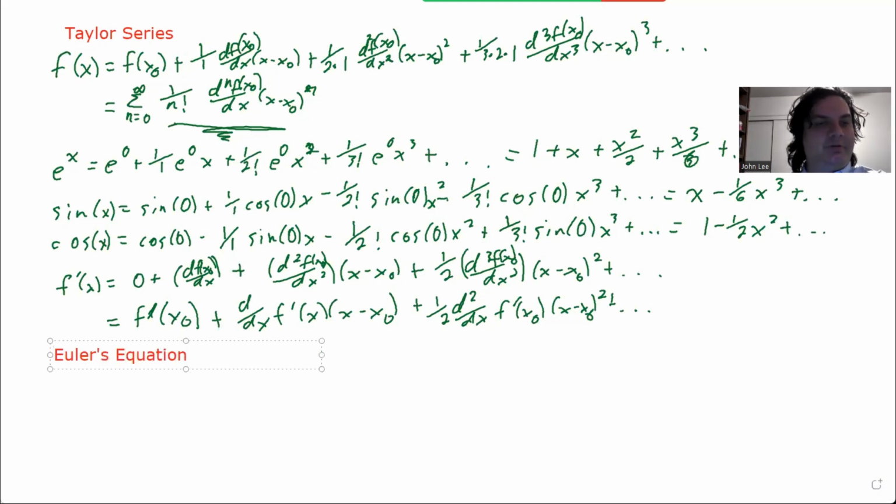something called Euler's equation, which is the equation that e to the ix is equal to cosine of x plus i sine of x.